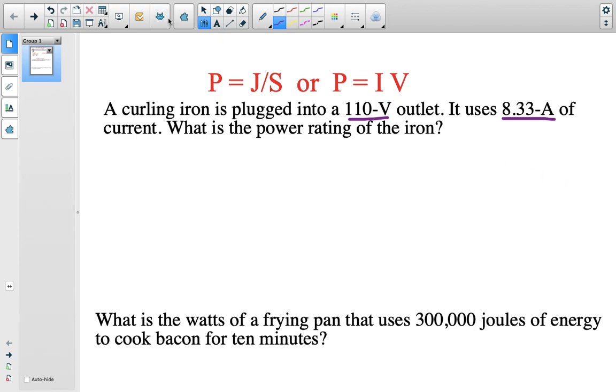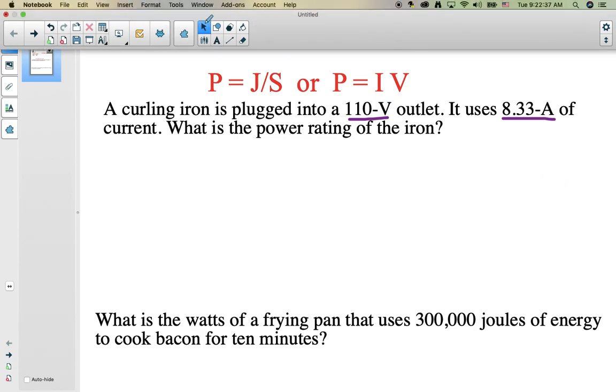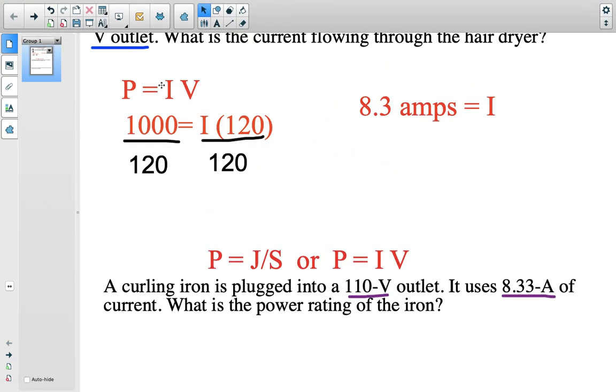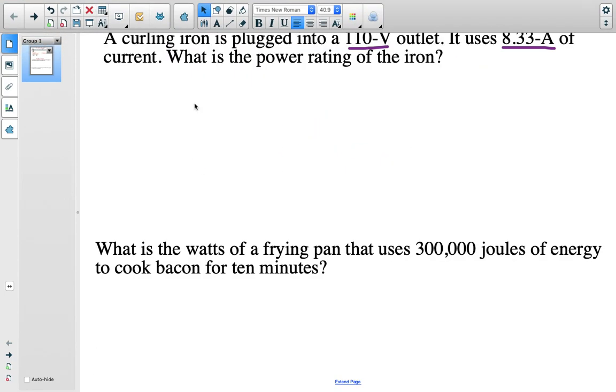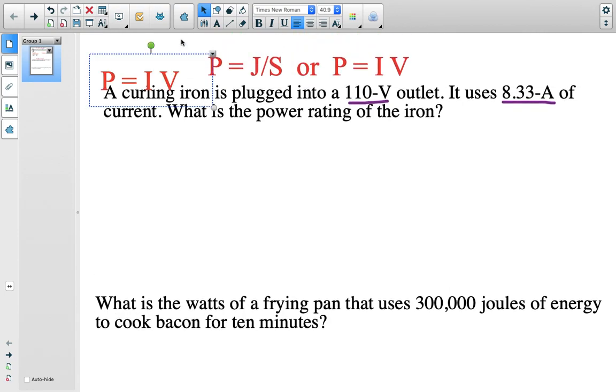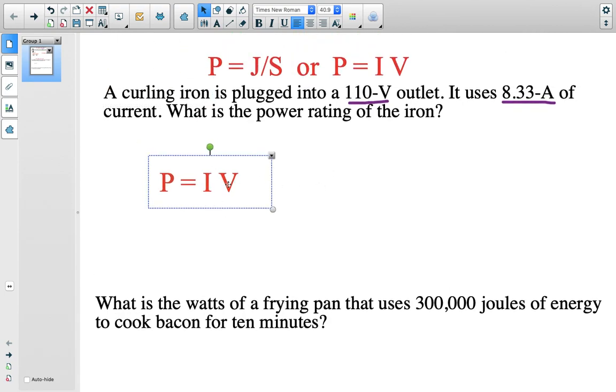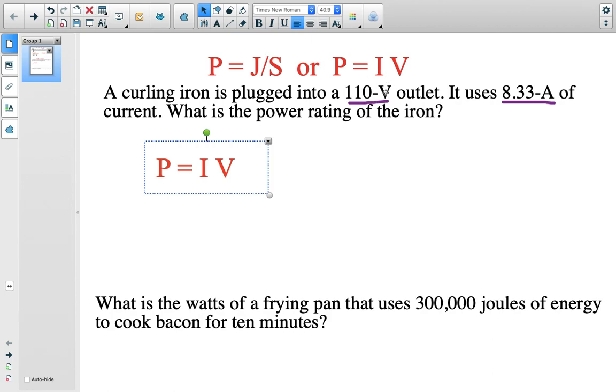What is the power of the iron? So this one's going to be a little bit easier, since we honestly just need to multiply our answer. So we're going to use this formula again, and the reason why we're going to use this formula is because we have voltage and we have current, which is amps. We don't have joules and we don't have time in seconds.